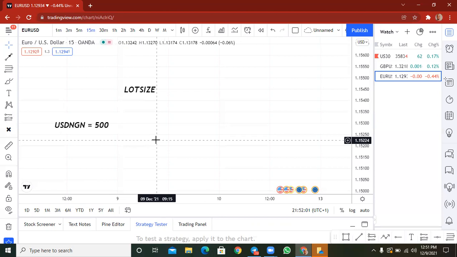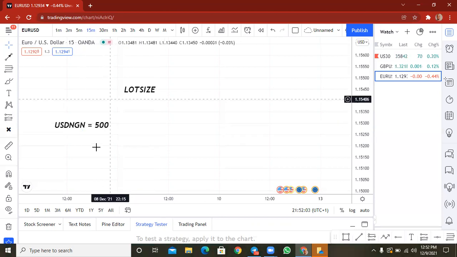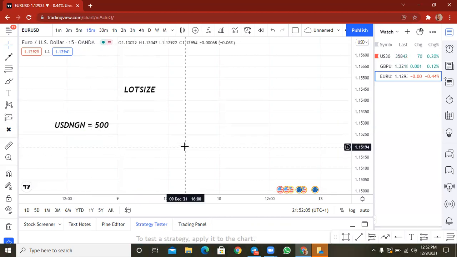It is simply how many 500s are there in 10,000 naira. There are 20 pieces of 500 naira, so there should be 20 pieces of 100 naira profit that the guy is going to be making. So a 10,000 naira to dollar transaction costs $20, that's certain.